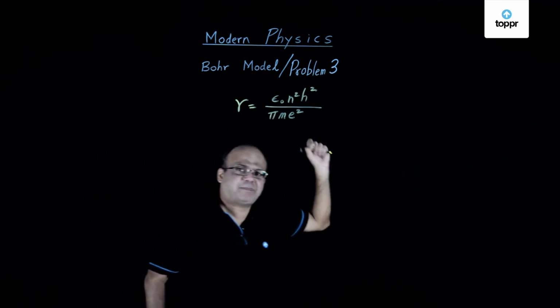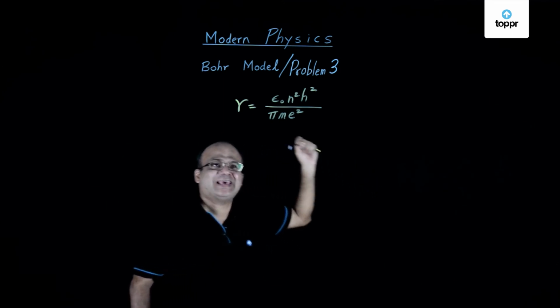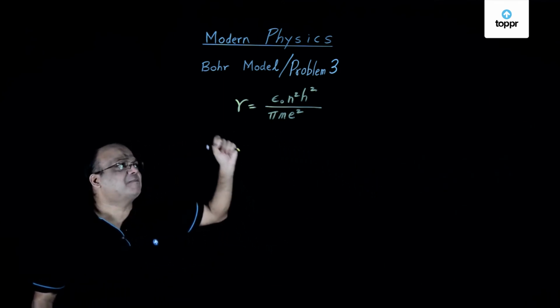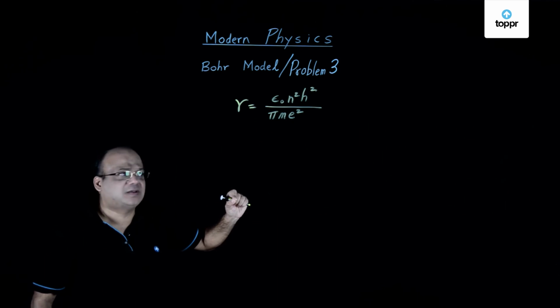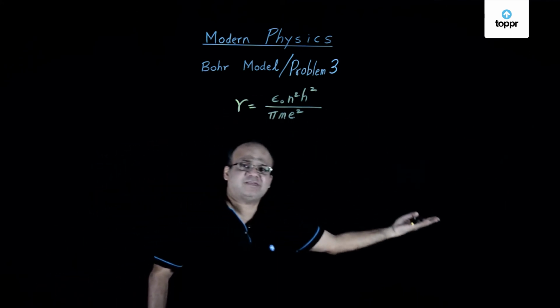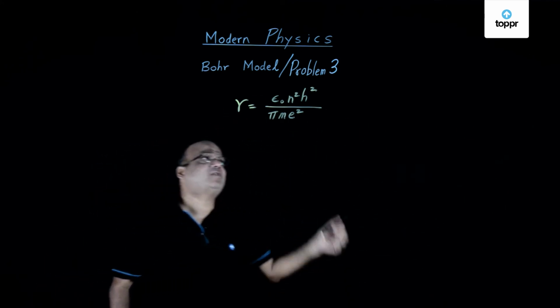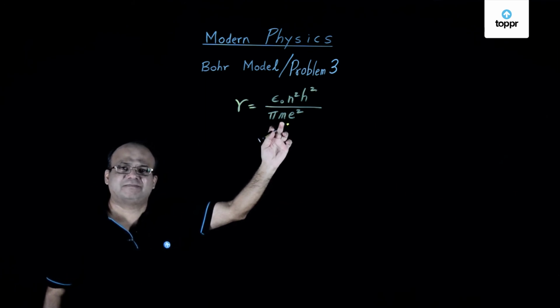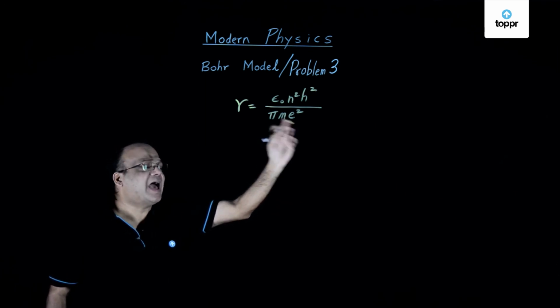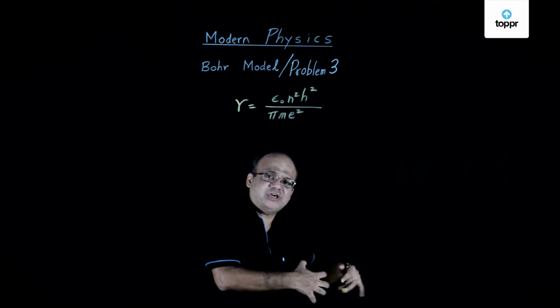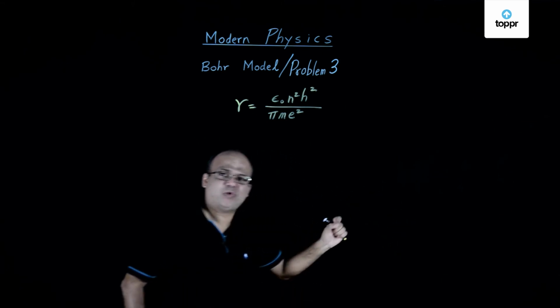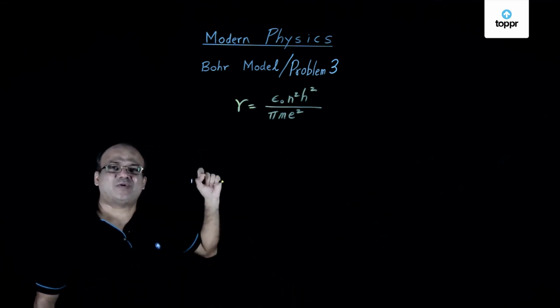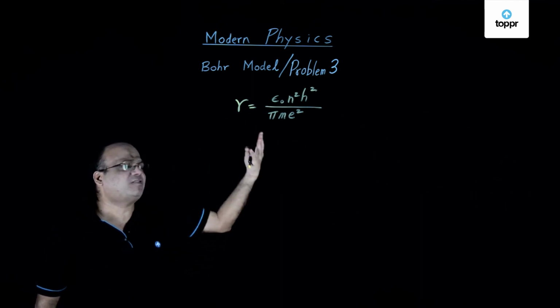Radius is epsilon naught n square h square by pi m e square. Now when the mass of the particle becomes 100 times, this m will be replaced by 100 m. And when you go from hydrogen to hydrogen-like, e square is replaced by Z square in every formula. So here Z is 4.